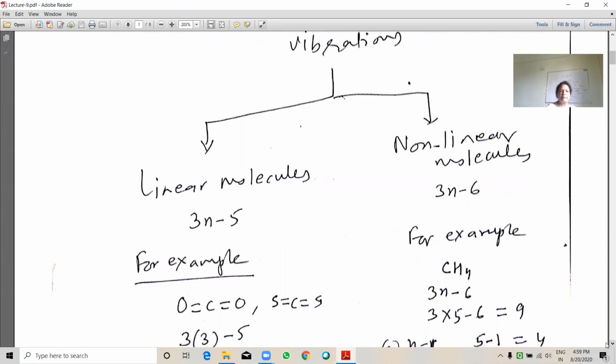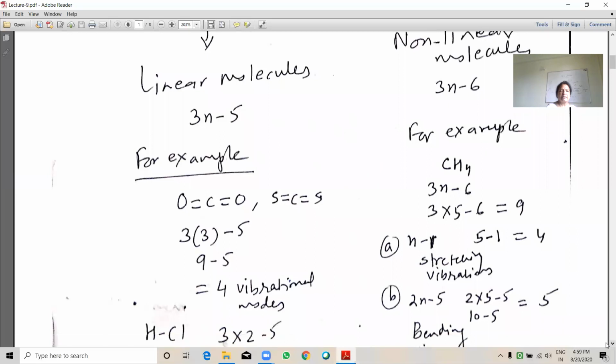For example, carbon dioxide and carbon disulfide are linear molecules. In carbon dioxide and carbon disulfide, there are 3 atoms. So 3 multiplied by 3 minus 5, 9 minus 5 is equal to 4. So there are a total of 4 vibration modes in carbon dioxide.